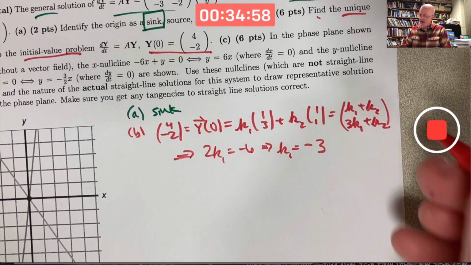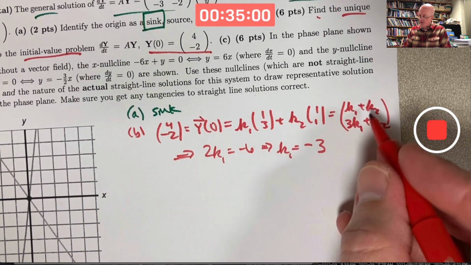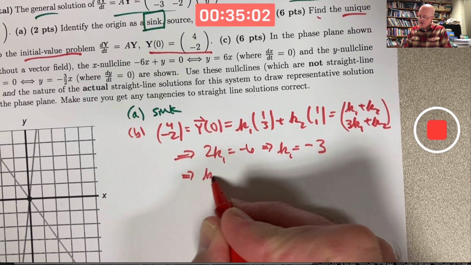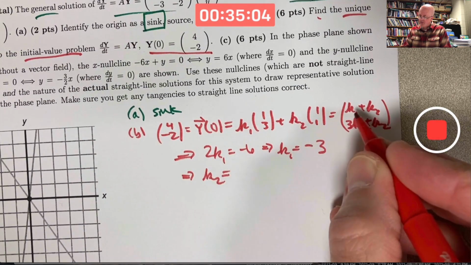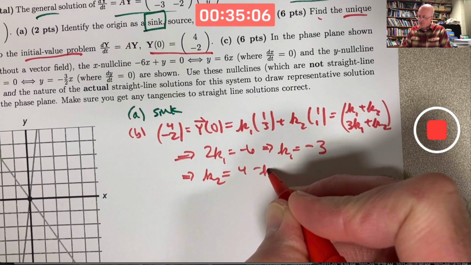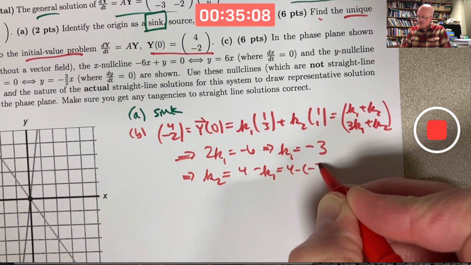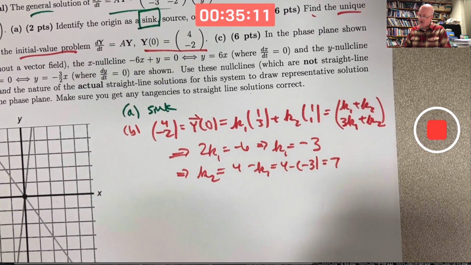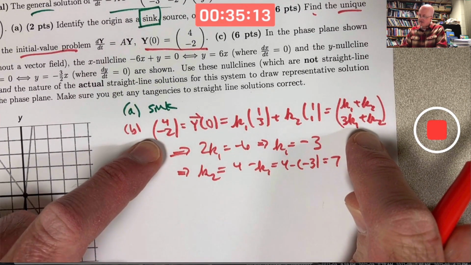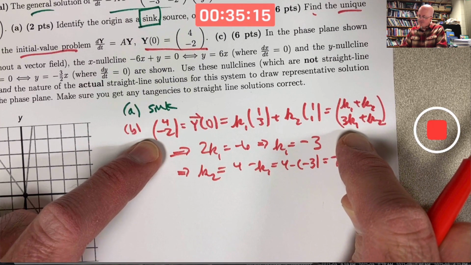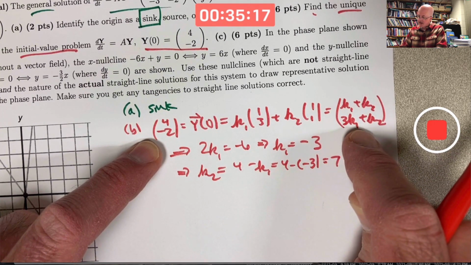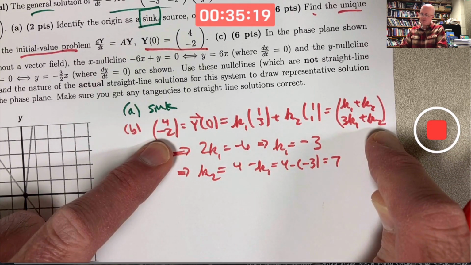And then just plug that back into either one of these and solve for k2. If I plug it into the first one, k2 is going to be, subtracting k1 from both sides, 4 minus k1, so that's 4 minus -3 is 7. And you could also double check with the second components here that it works. 3 times -3 is -9, plus 7 is -2.